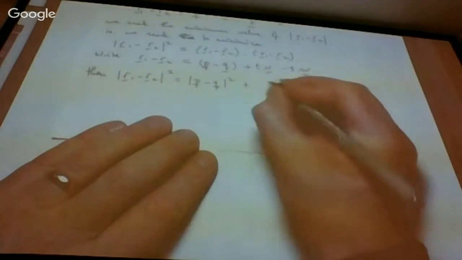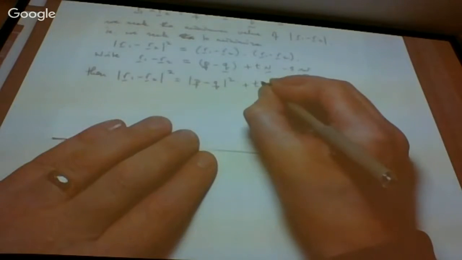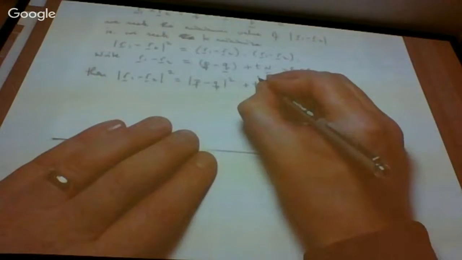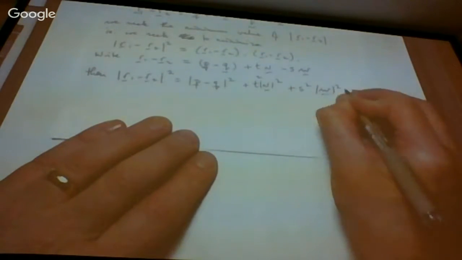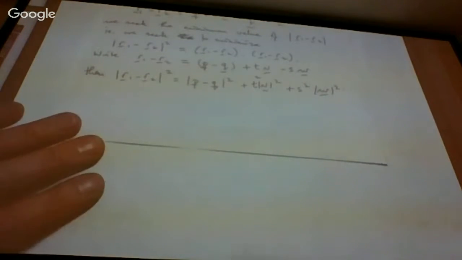I then get T squared magnitude of V squared, and S squared magnitude of W squared. Those are the inner products of each of these three terms in R1 minus R2 with themselves, but then you'll have all the cross inner products as well, which will all occur with multiplicity 2.